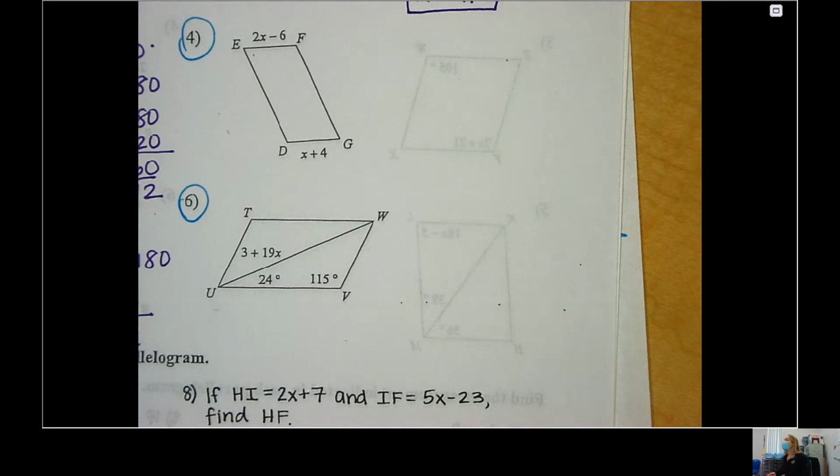If no one volunteers, I'm going to volunteer somebody. Number 4. 4 is the easier one. Come on. Who wants to do number 4?